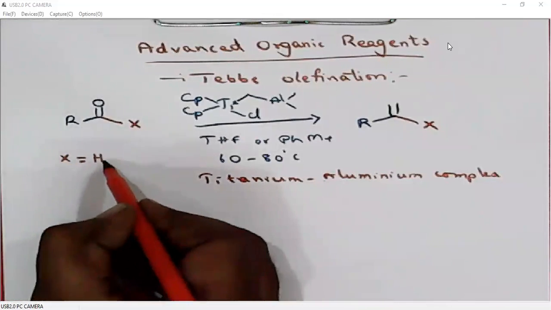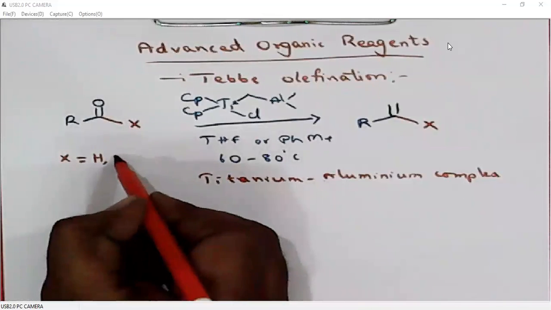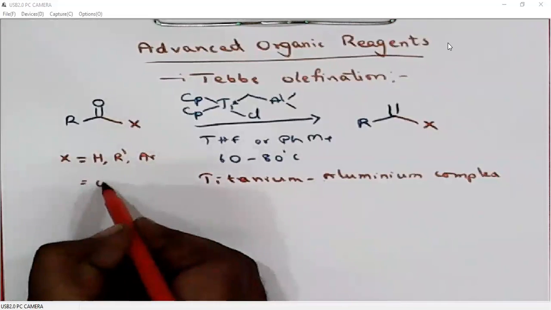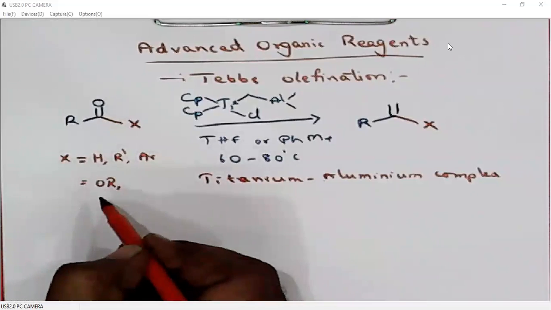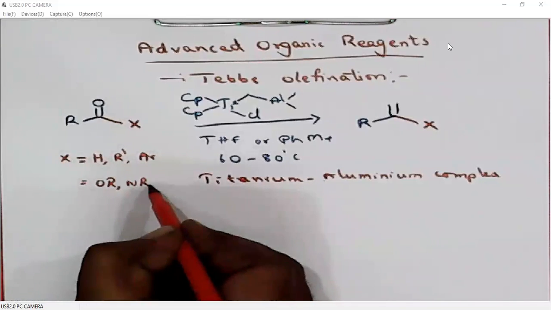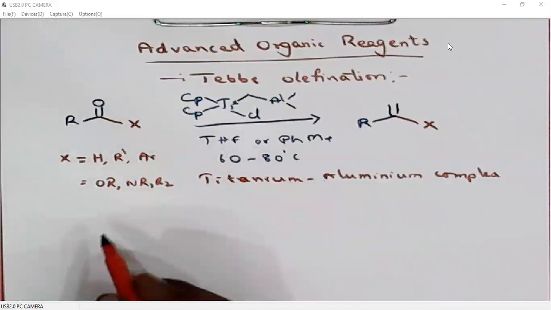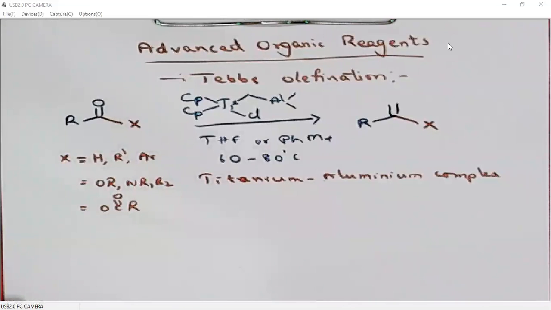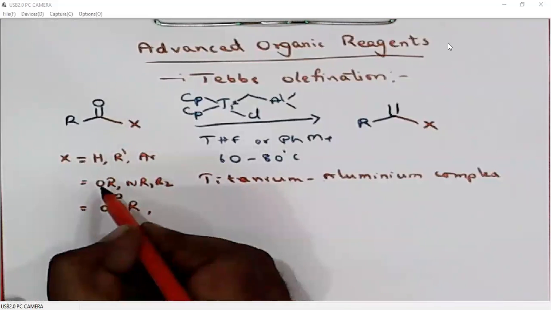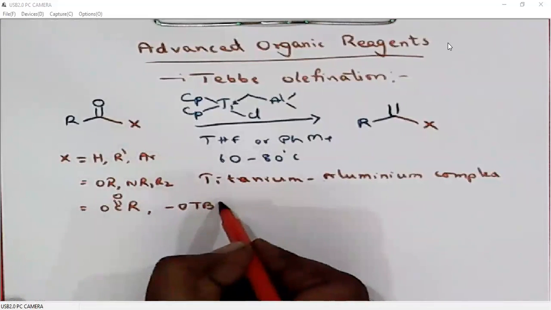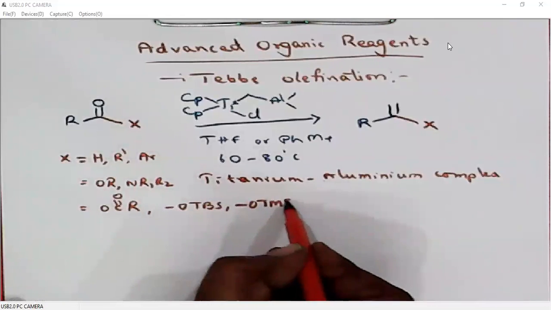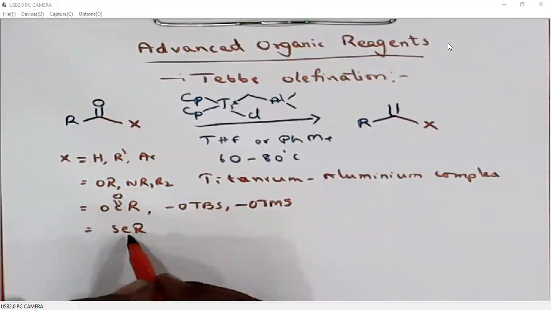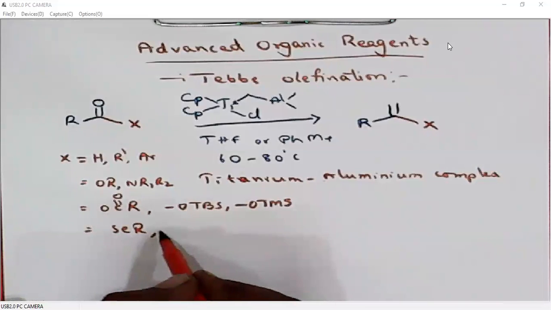X can be hydrogen in the case of an aldehyde, or a ketone, or an aromatic ketone, or it can be an ester, an amide, or an anhydride, or as I said OR, it may be OTBS or OTMS, even it may be carbonyl selenium or carbonyl sulfur.